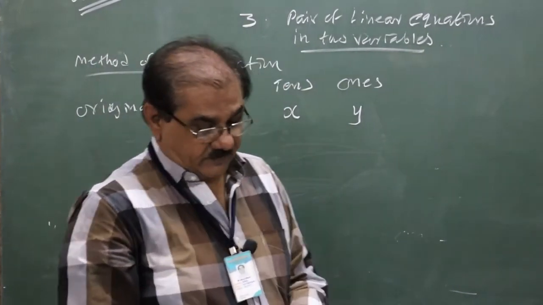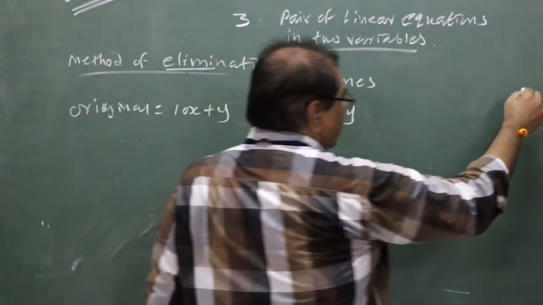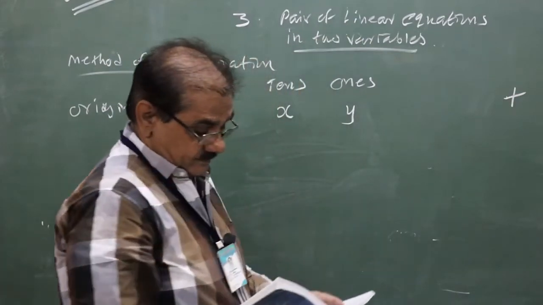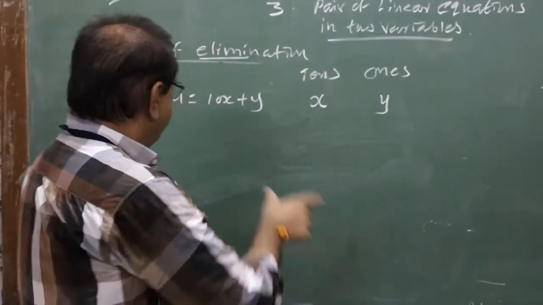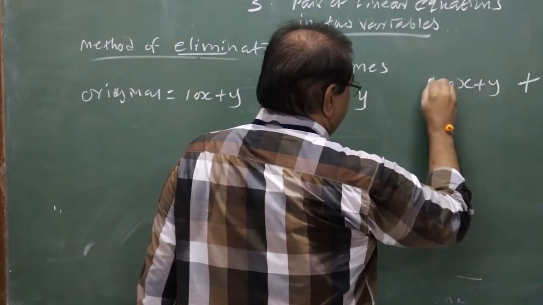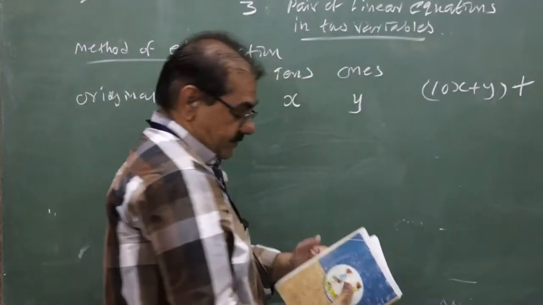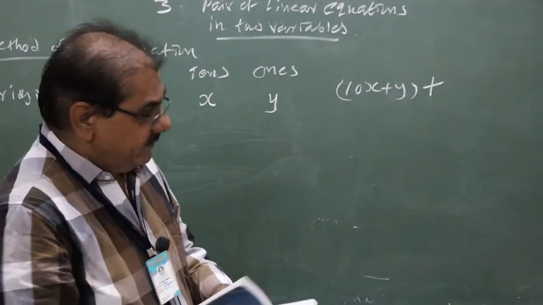Okay, I read the question once more. The sum means addition. Whose addition? The number is this, 10x plus y. The number and the number obtained by reversing the digits.